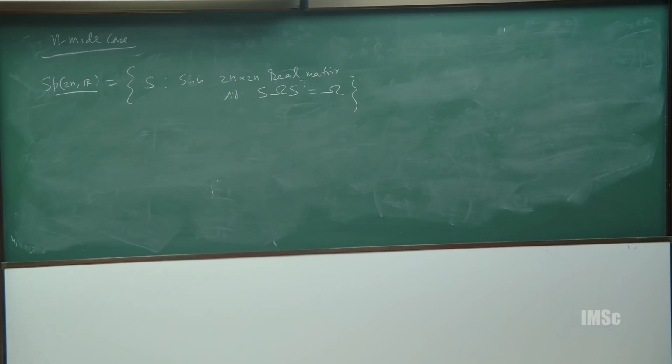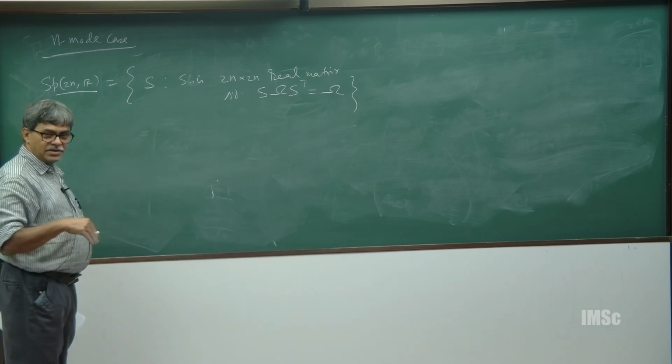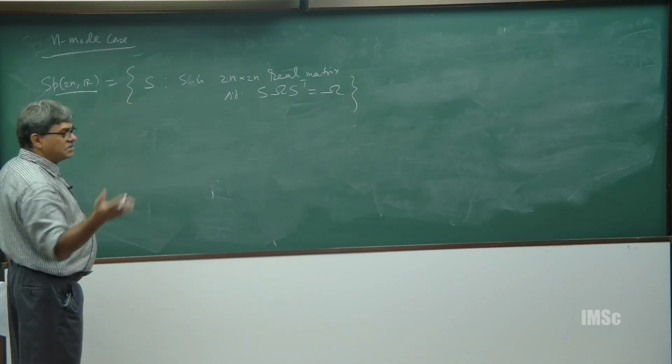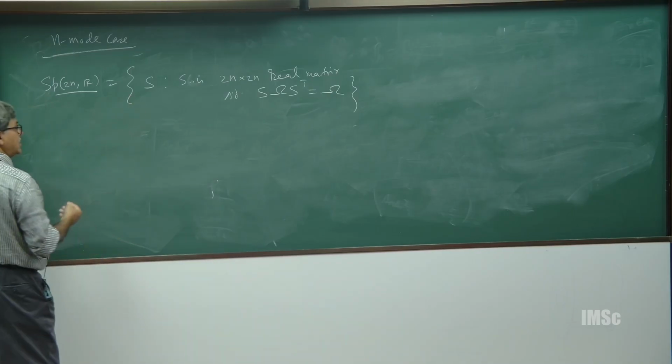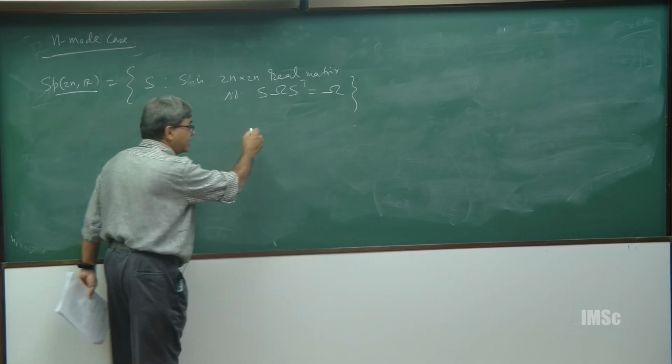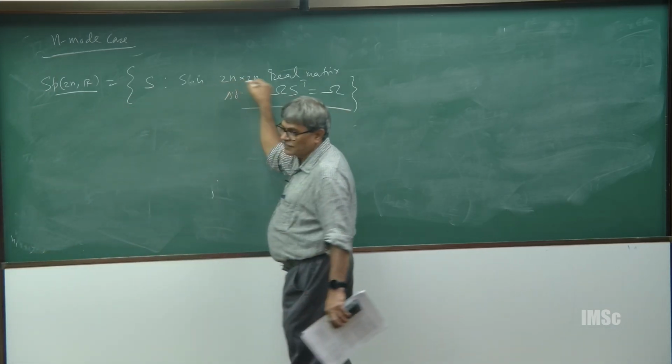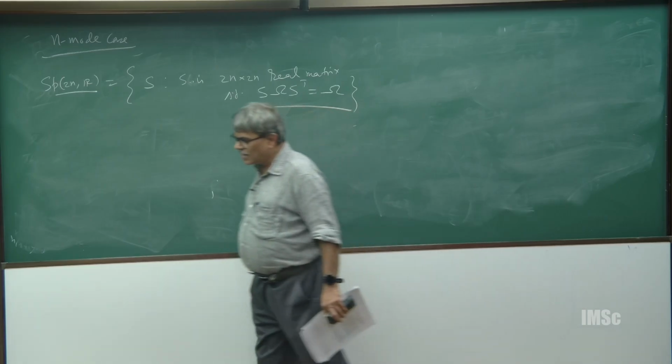I mean it means that there can be other matrices, not just 2n by 2n, there can be other higher dimensional matrices which can also satisfy this, but this is just the defining representation as we do in other cases also.